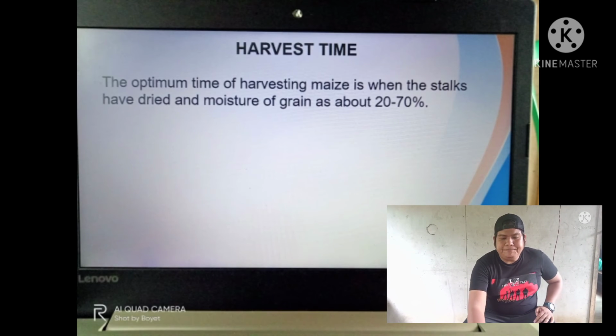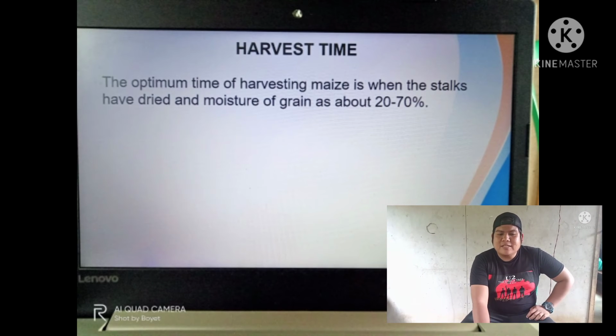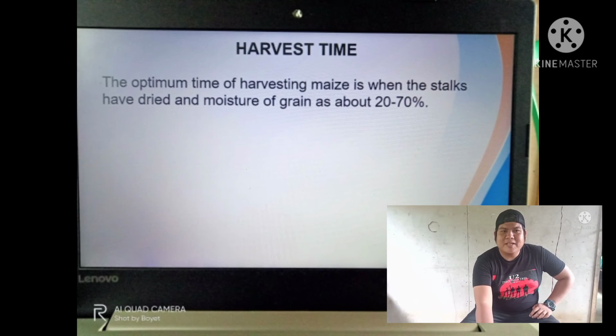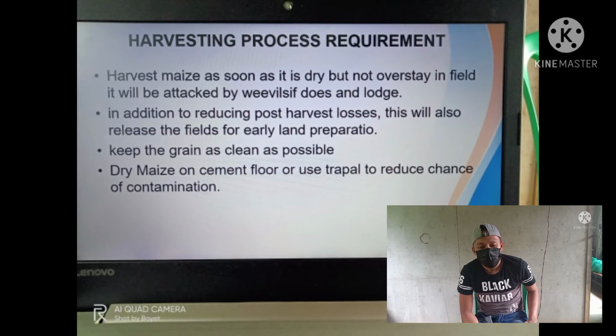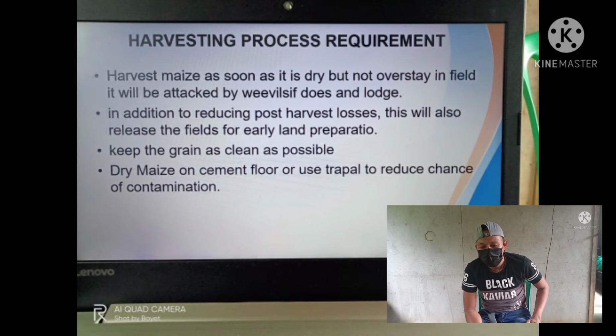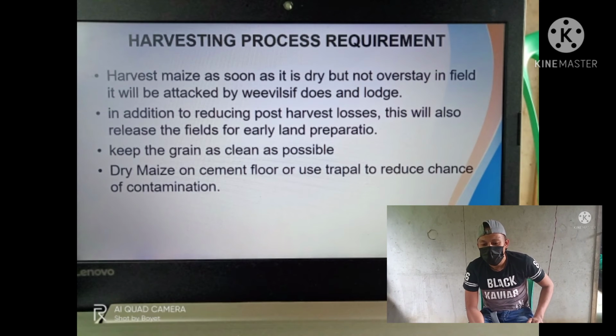Then the harvesting process requirements will continue with my co-reporter. Harvesting process requirements: harvest maize as soon as it is dry but do not overstay in the field.